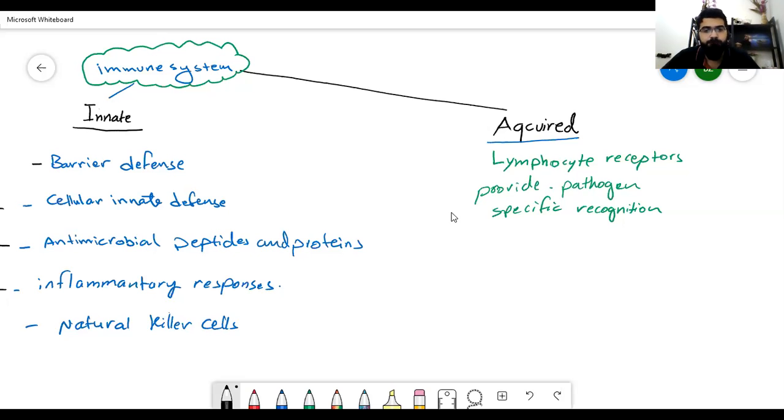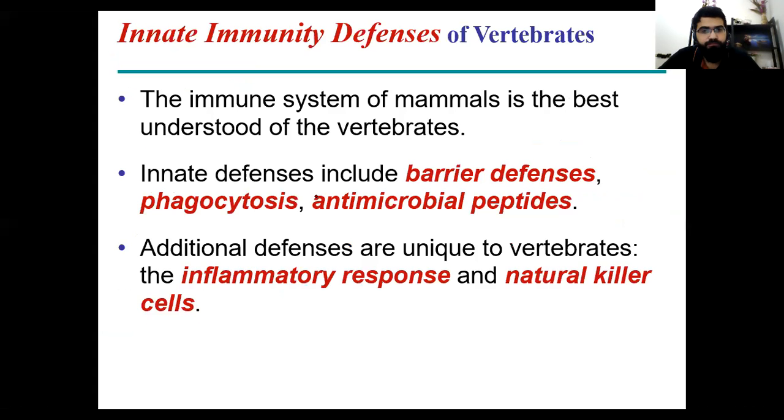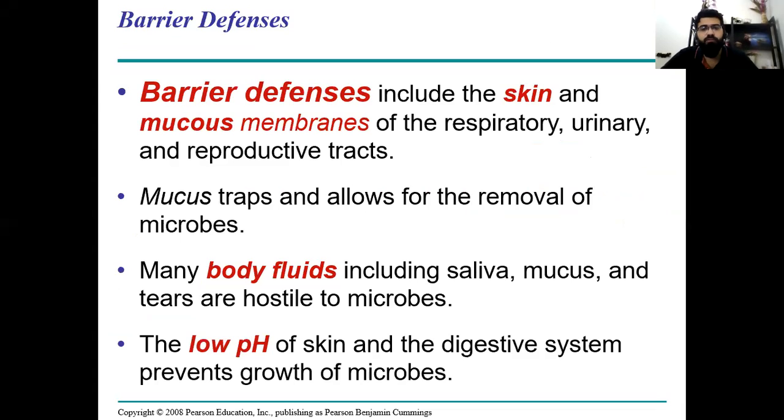Let's go into details. What are the barrier defenses? Very quickly, barrier defenses include the skin. The skin makes a barrier for your body, and there are mucus membranes which cover the inner surfaces of the respiratory system, and are also found in the urinary system and reproductive tracts.